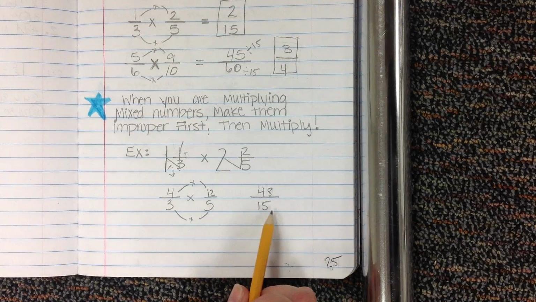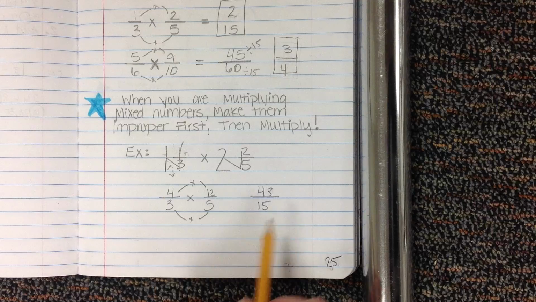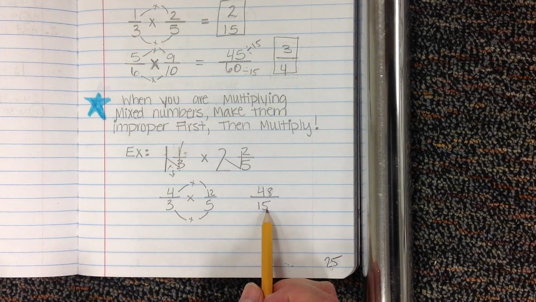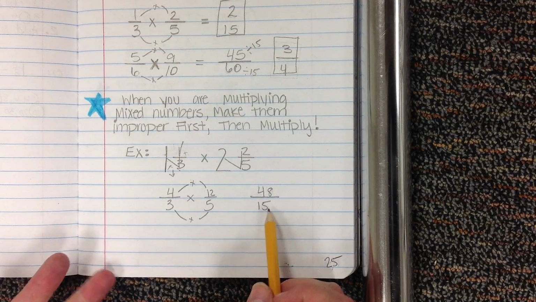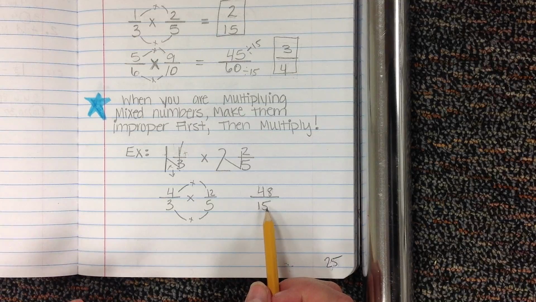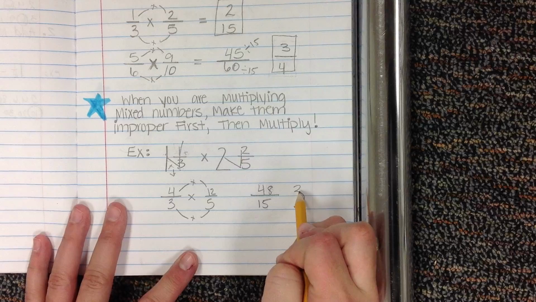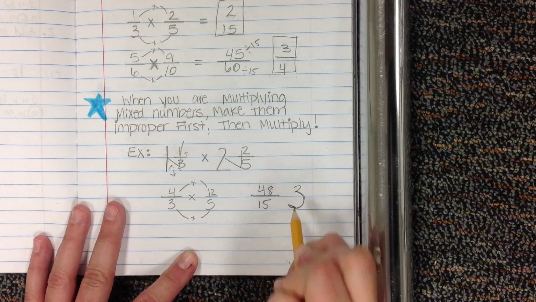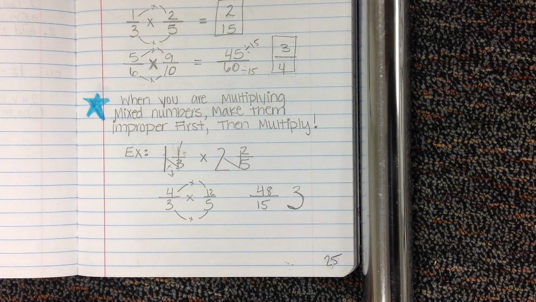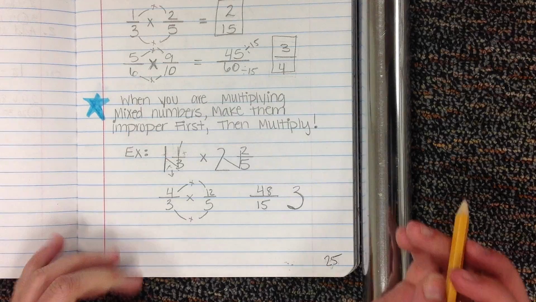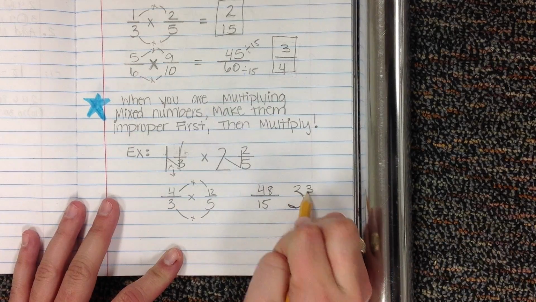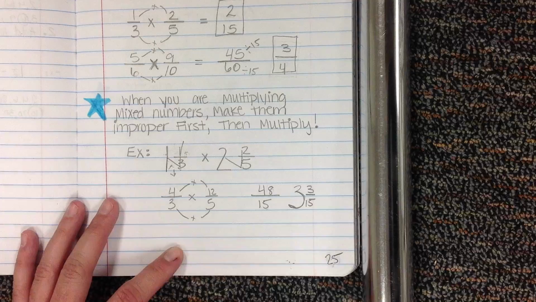So I'm going to see, okay, how many times can 15 go into 48? I've got 15, 30, 45, 60. Well, 60 is too big, so it goes in 3 times. And then how much is left over if I take 45 out of my numerator? 45, 46, 47, 48, and 3/15.